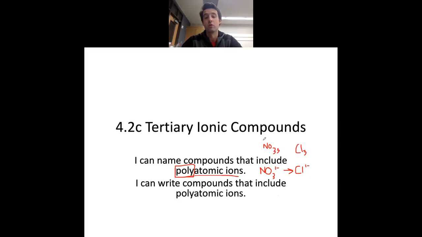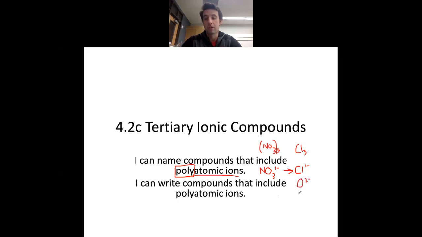So what we're going to do when we have 3 of these NO3s is we're just going to put NO3 itself in parentheses. We'll talk about parentheses rules in a bit, but anytime you see a polyatomic ion, what I like to do is substitute it with something like Cl, or maybe something like O. O has a charge of 2 minus.